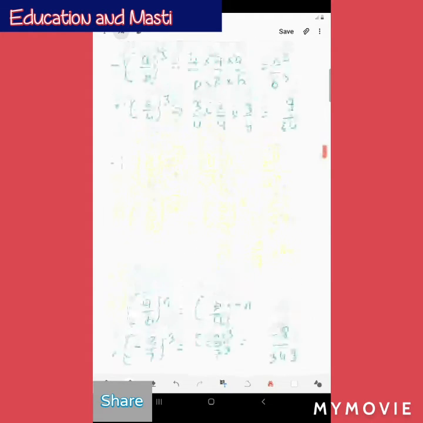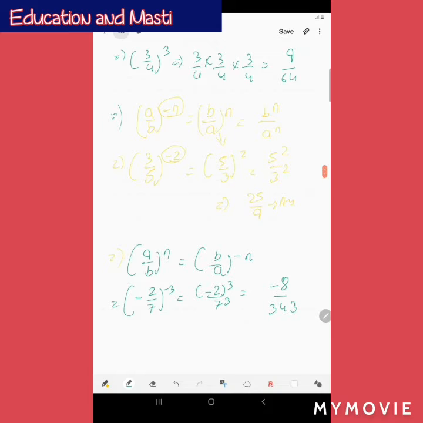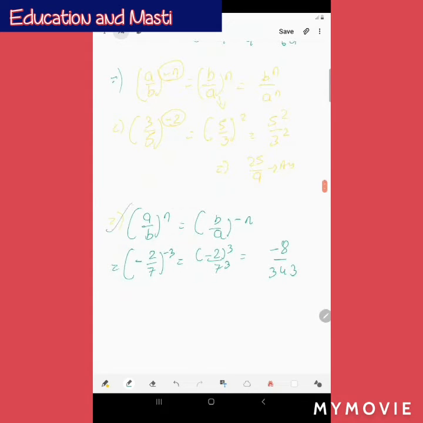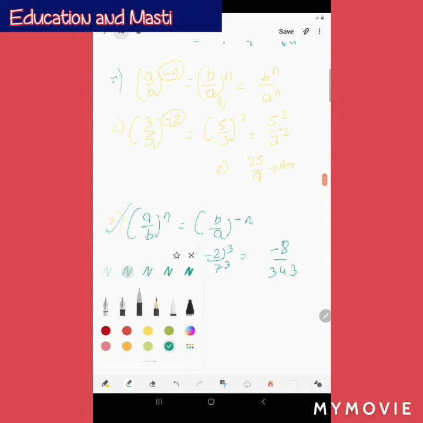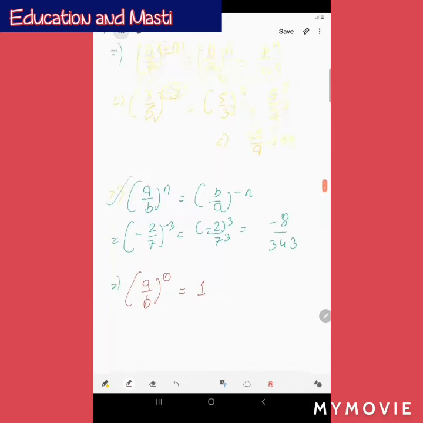So basically the formulas we need to remember are this one and this one that I have talked about. This one we rarely see. And the last formula I am going to tell you is also very important: a by b to the power 0. If the power is 0, then the answer will be 1 only.